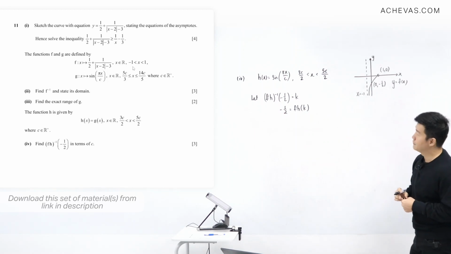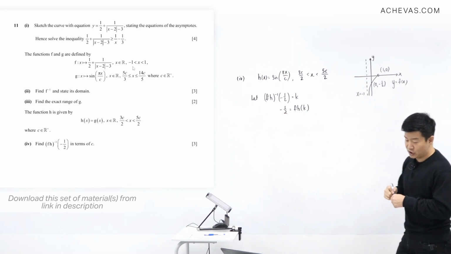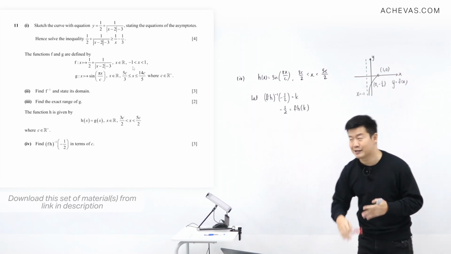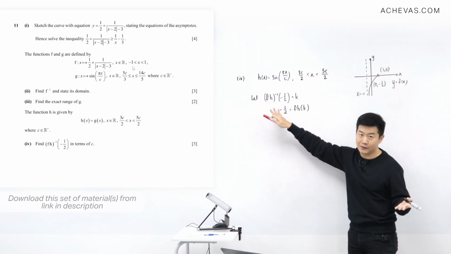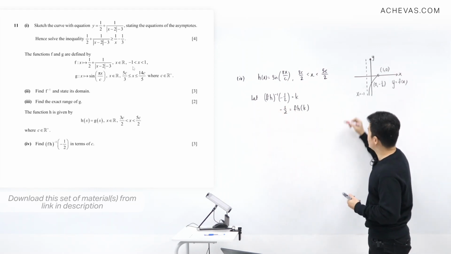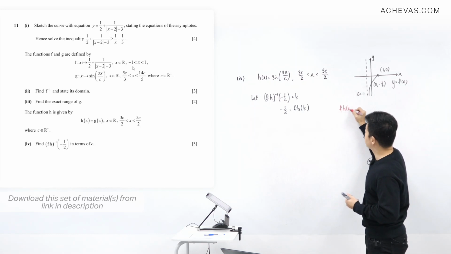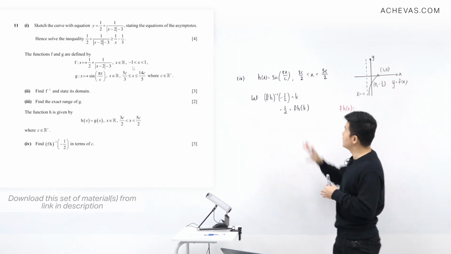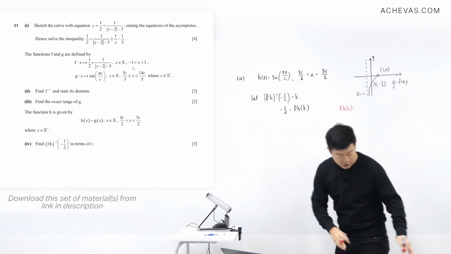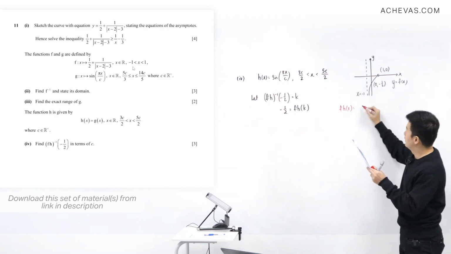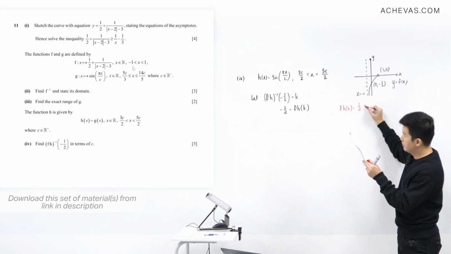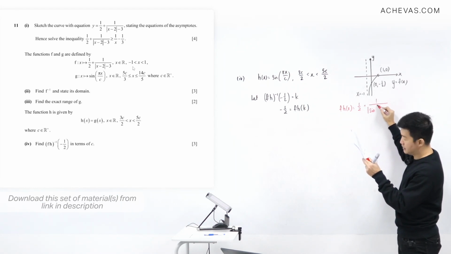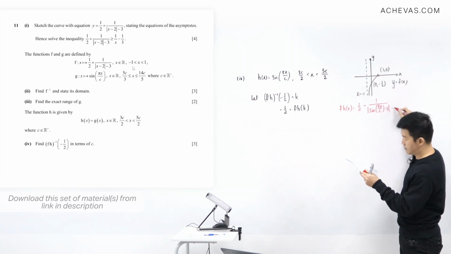So we have this, and for FH, okay, I mean, it is complicated, but it's not as complicated as me finding the inverse, right? So for FH X, it is going to be putting H into F. So that will be 1 over 2 plus 1 over modulus of sine pi x over c minus 2, then minus 3.